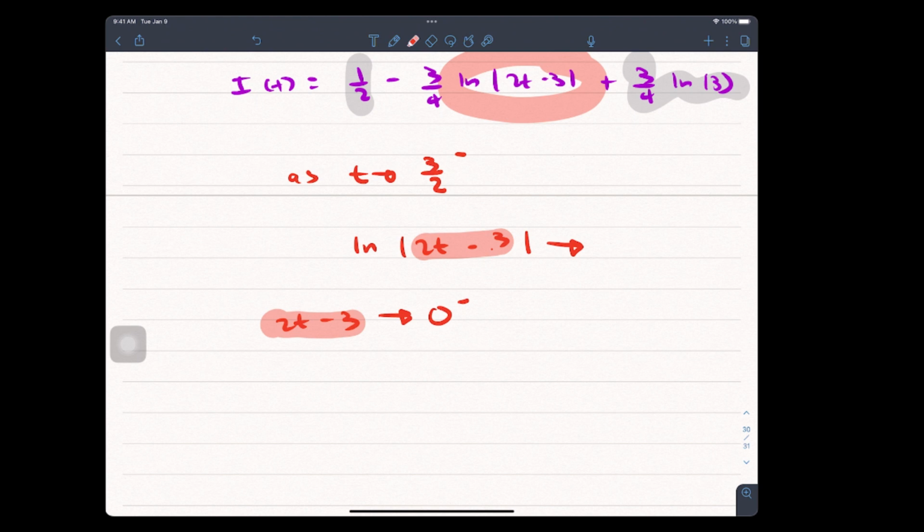Anybody know anything about the natural log? How does that natural log curve look?